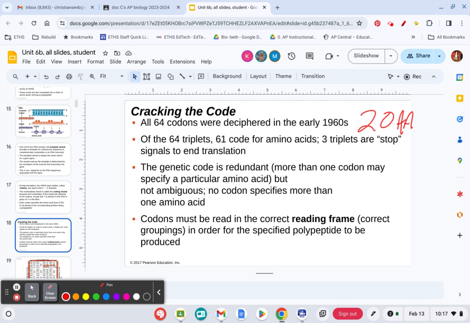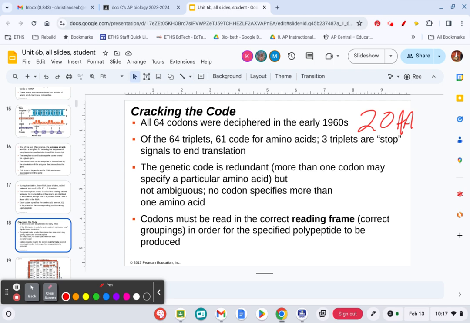If I had 1 letter, how many amino acids could I make? 4, right? Adenine, thymine, cytosine, and guanine would each code for an amino acid, but I need to get to 20. So the answer is 3. You need to have 3 letters in order to have enough combinations to make 20 amino acids. And this was figured out.